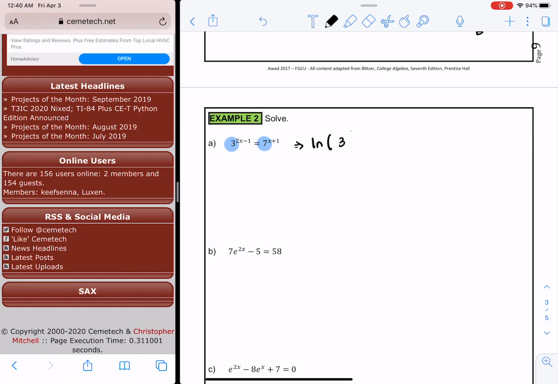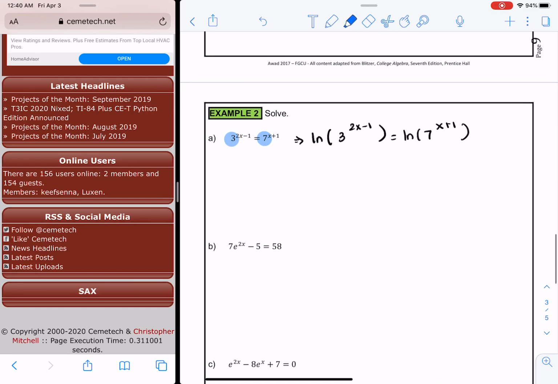So ln of 3 raised to 2x minus 1 equals ln of 7 raised to x plus 1. So those terms are in the power, so we can move them to the front. 2x minus 1 times ln of 3 equals x plus 1 times ln of 7.